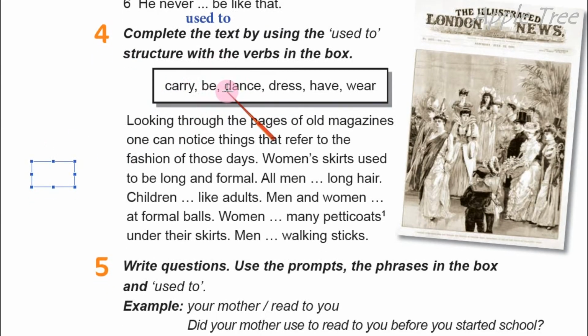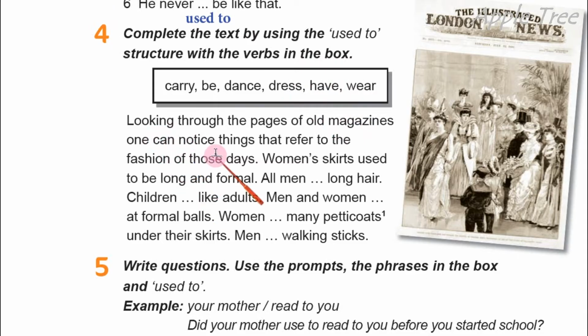Вправа 4. Complete the text by using the used to structure with the verbs in the box. Доповніть текст, користуючись структурою used to і ще правильними словами, дієсловами за змістом. Carry – носити, be – бути, dance – танцювати, dress – одягатися, have – мати, wear – носити.